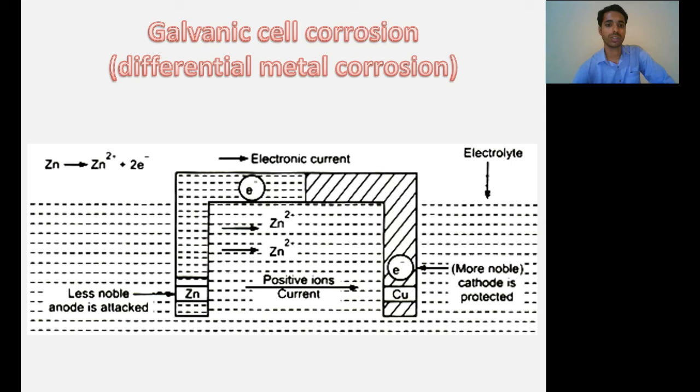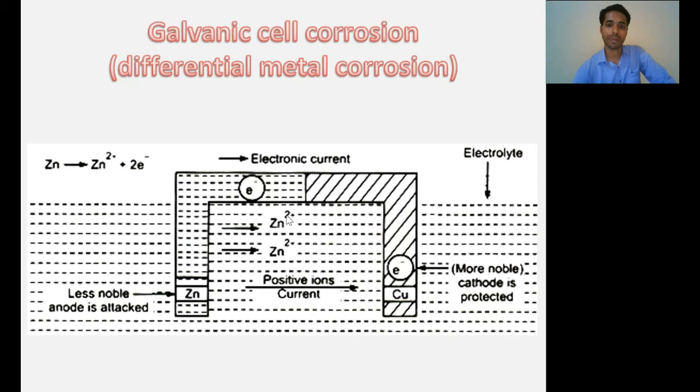In a neutral medium, an absorption of oxygen type of reaction takes place on this cathodic region, and the whole cell reaction gets completed. So this is all about galvanic cell corrosion.